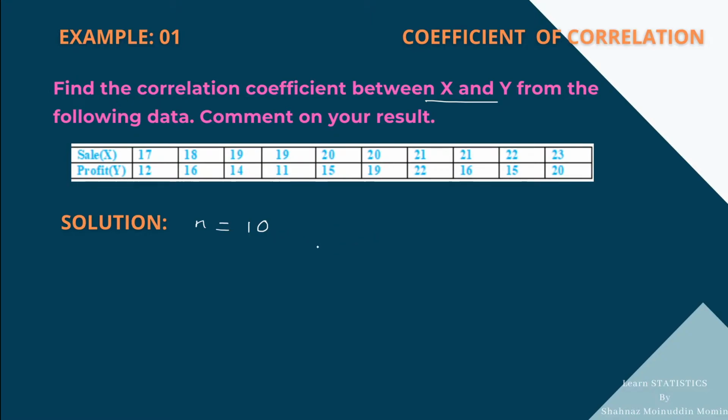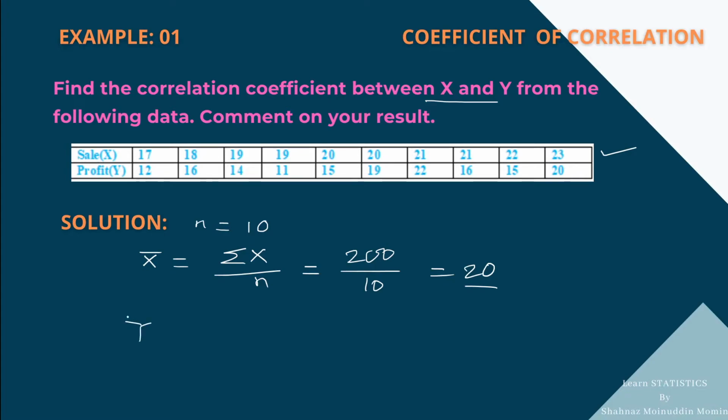Now we will first obtain the value of the mean of x, x bar, to check whether it is an integer or not. x bar is equal to summation x divided by n, which, by taking the sum of sales x, is 200 divided by 10, equal to 20, which is an integer.